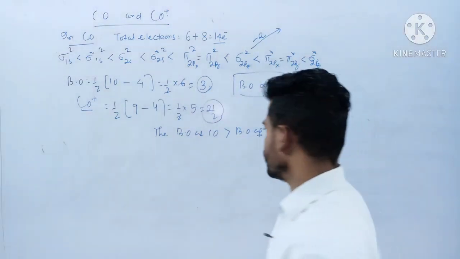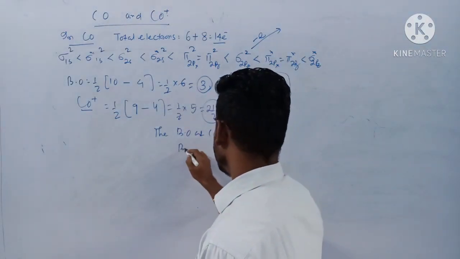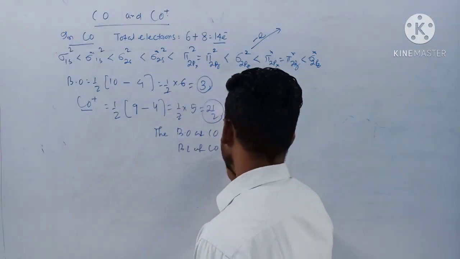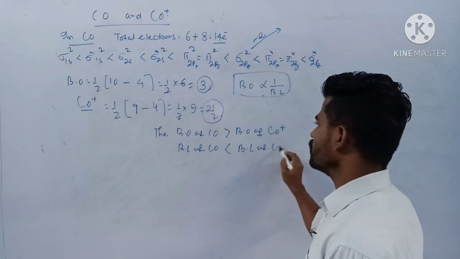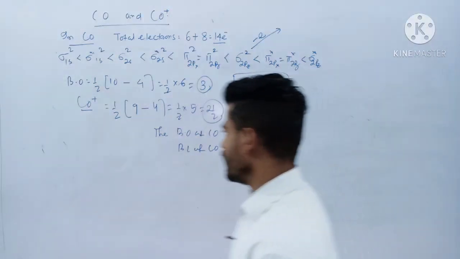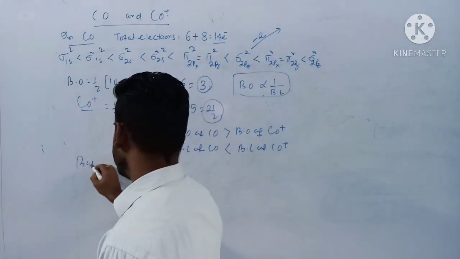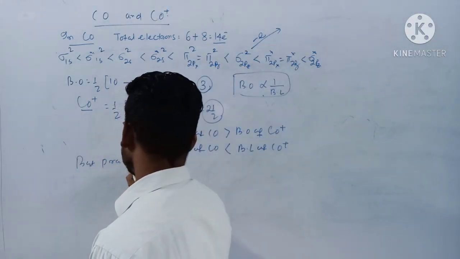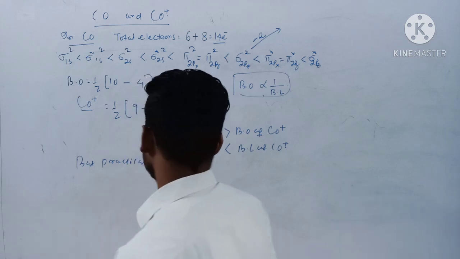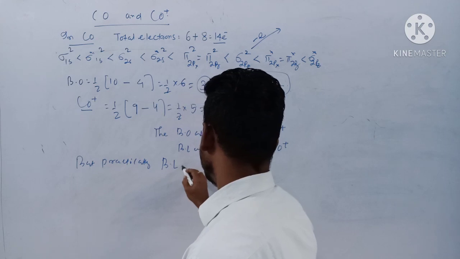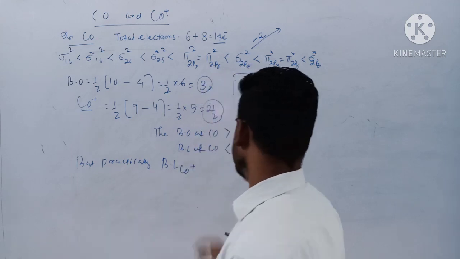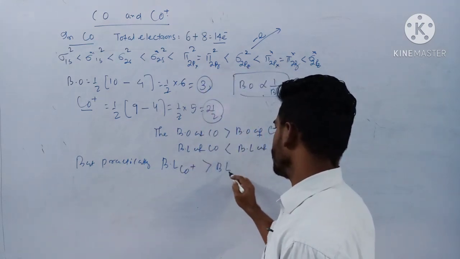So conversely I can conclude that the bond length of CO becomes less than that of CO plus. But practically the case is reverse. That means the bond length of CO plus is less than that of CO.